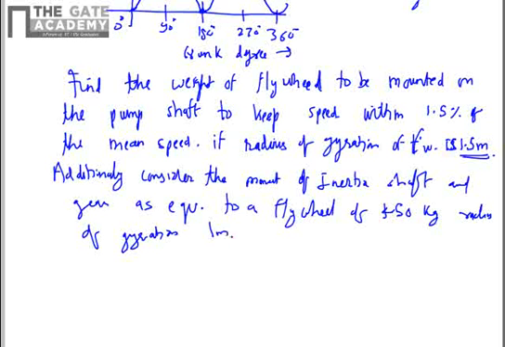So some additional moment of inertia is also given in this case. That is due to the pump shaft mass and the gear mass and the motor from which it is driven. So the winding of the motor will also have some moment of inertia. So all this will be considered as equivalent to a flywheel of 450 kg and 1 meter radius of gyration.